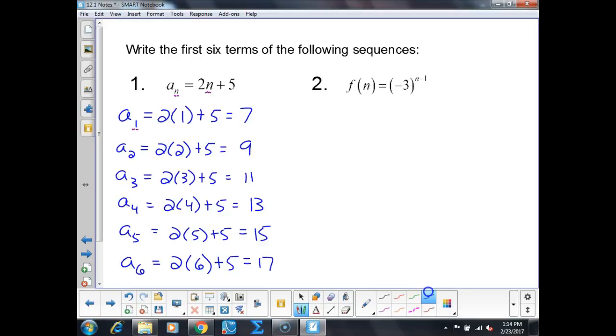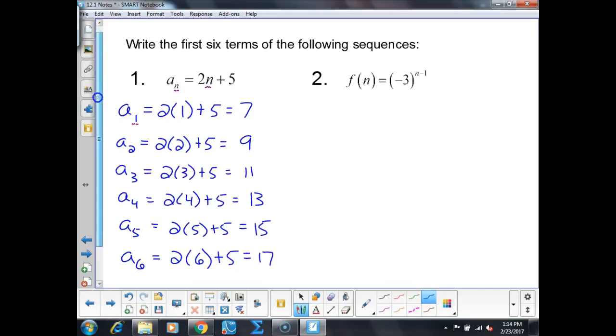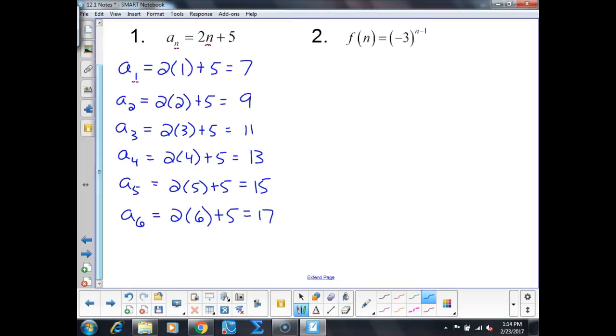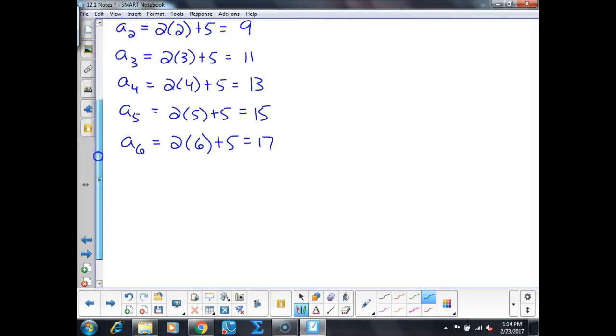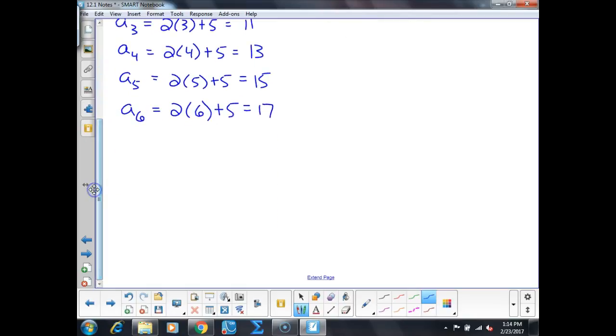Okay? Now, to write it out, it needs to be written out in a specific way. This says write out the first 6 terms of the sequence. Sequences are separated by commas.